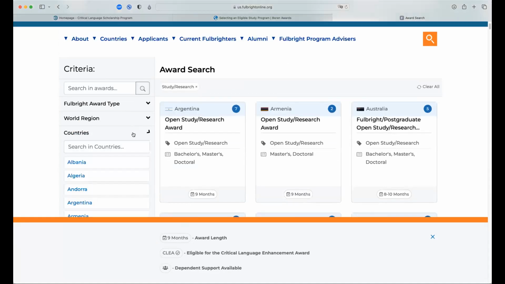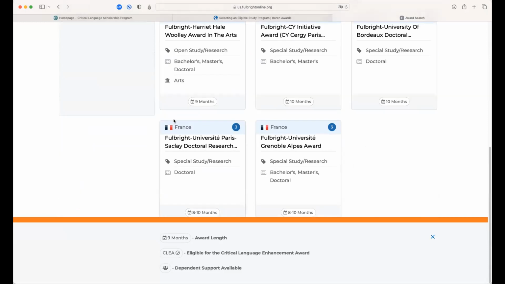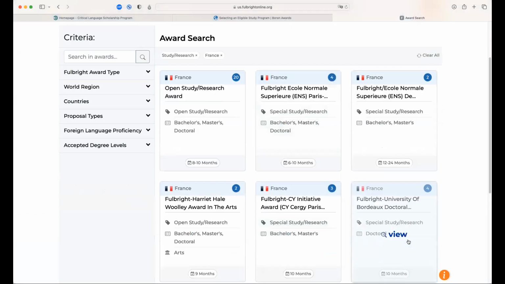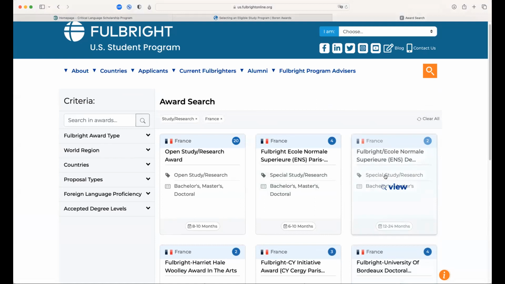Let me just bring up the whole set of awards for France. And looking at this, although there are some open study ones where you can pick anywhere in France to do that, there are some that are specific to, for example, the arts, that are specific to a university or to a particular field.